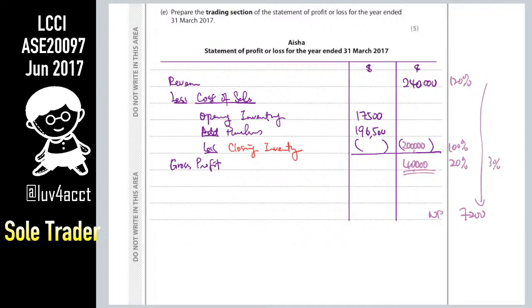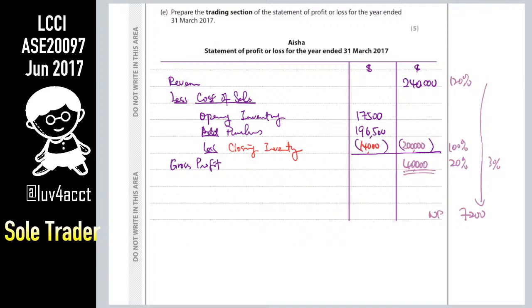I wonder if it will balance or not. Let us skip it for now. We have to calculate closing inventory first. Inventory: 200,000 cost of sales, minus the purchases and also the opening inventory, you have 140,000.